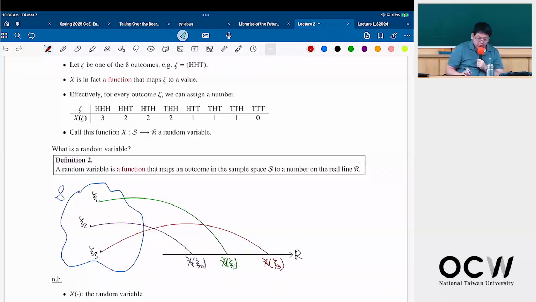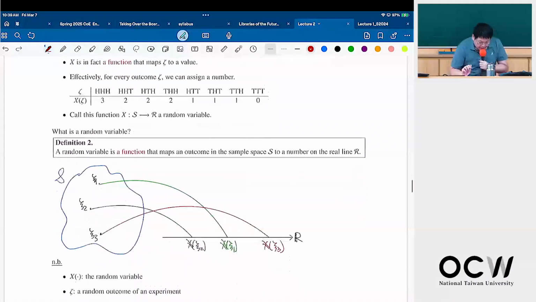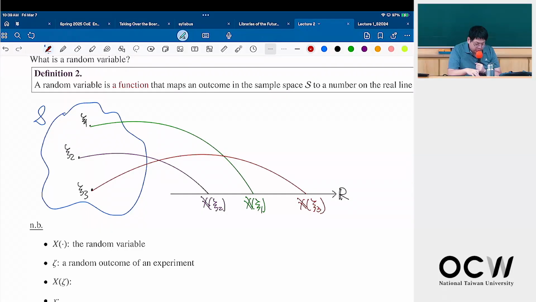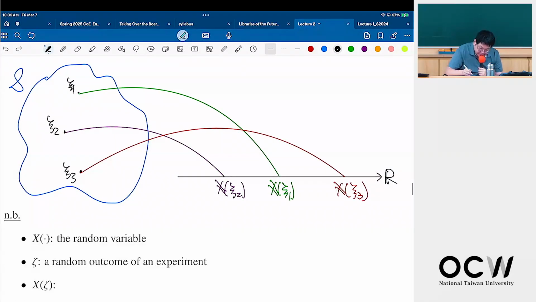So now by this definition and this example, here are some notes. X is called the random variable. Actually, it is a function. So the random variable is a function, and this function maps your outcome in the sample space to a number on the real line.